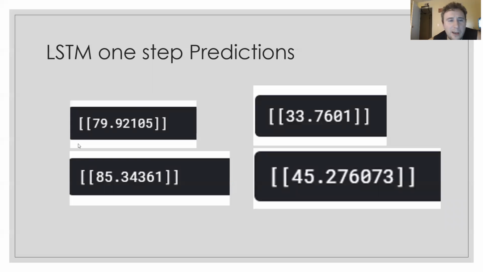The $79.92 was Duke Energy, and JP Morgan Chase was $85.34. And these were actually only a few dollars off from the actual closing prices from the 13th.